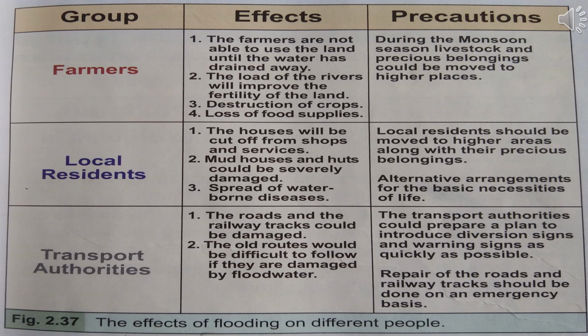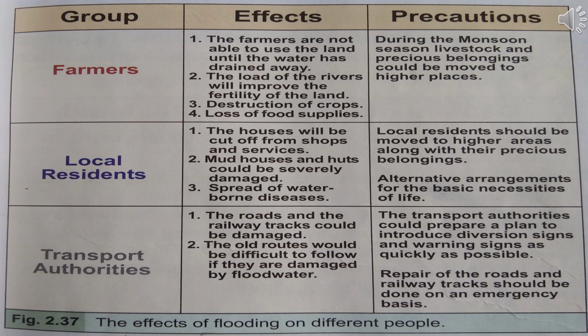All right, next what do we have here? How the local residents are affected. If their houses are not flooded, if they are living on higher ground and the surrounding area is flooded, they would not have any contact with the people outside, and eventually they would run out of their food sources, specifically drinking water.